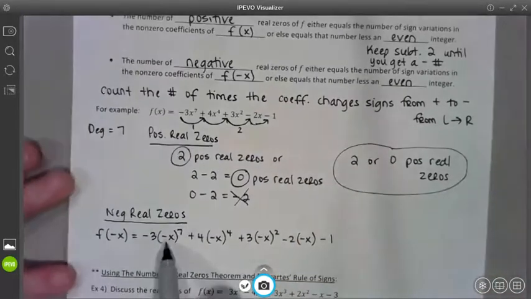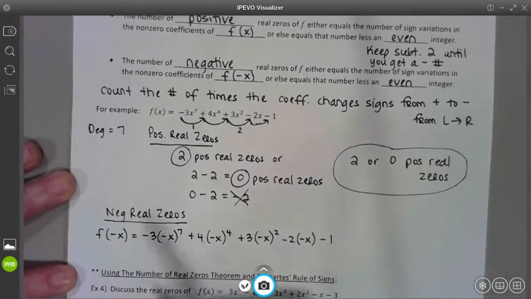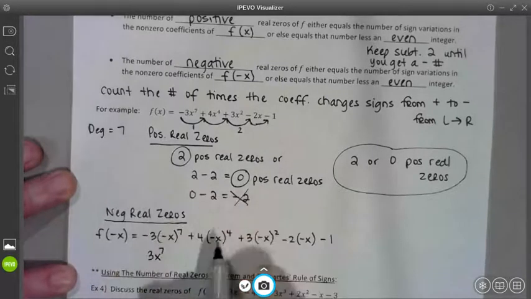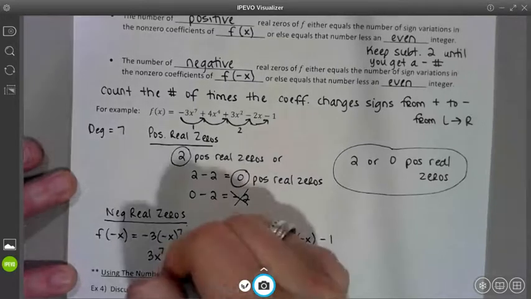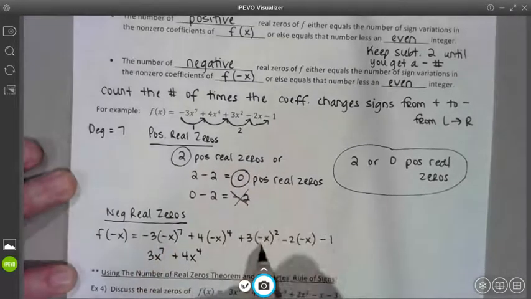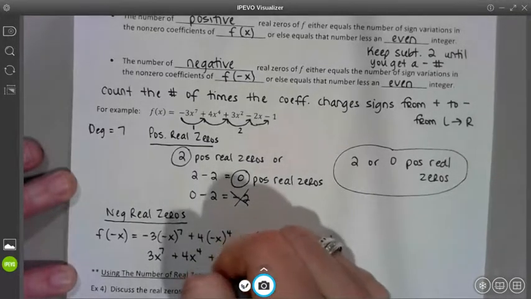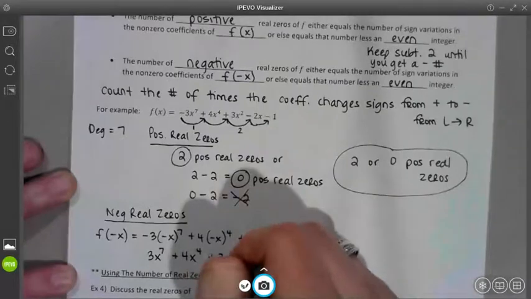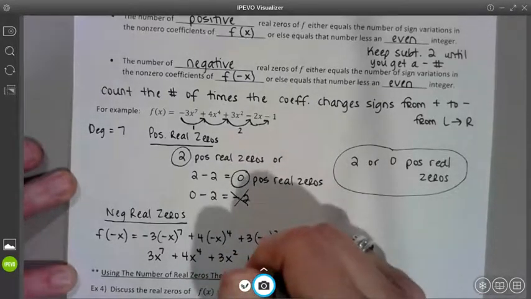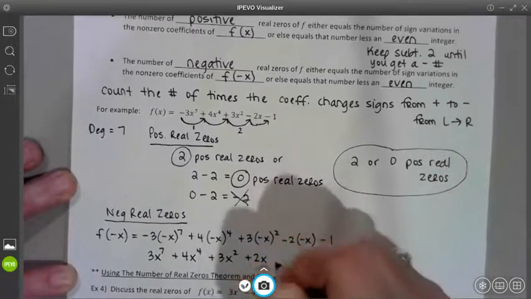The opposite of x to the 7th power stays the opposite, and then times a negative, it's going to be positive 3 out in front now. The opposite of x to the 4th goes back to being positive, and times a positive stays positive 4. The opposite of x squared goes back to being positive, so it stays 3x squared. The opposite of x times negative 2 is now positive 2x, and then minus 1 stays the same.